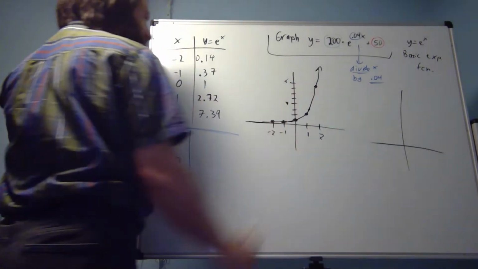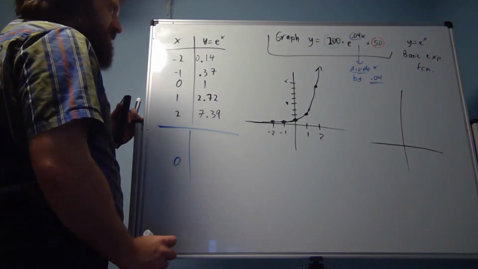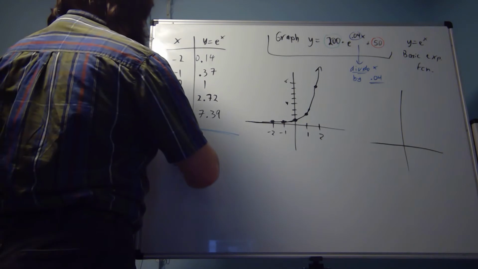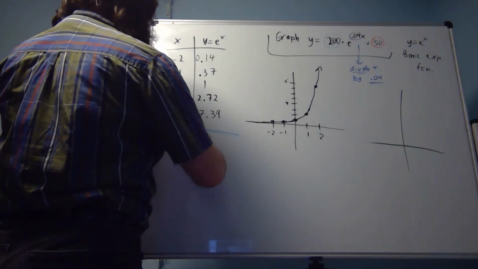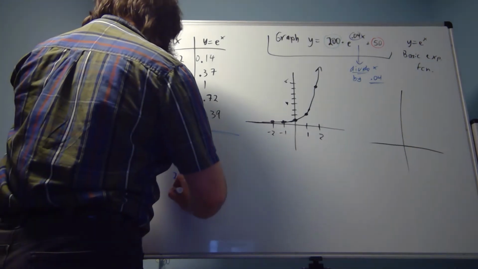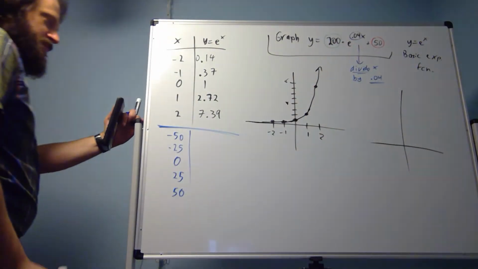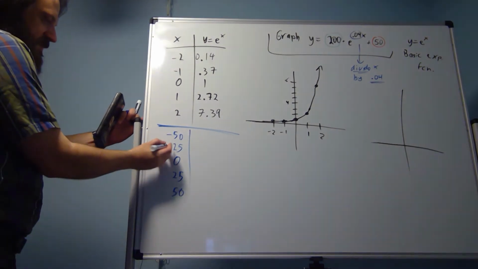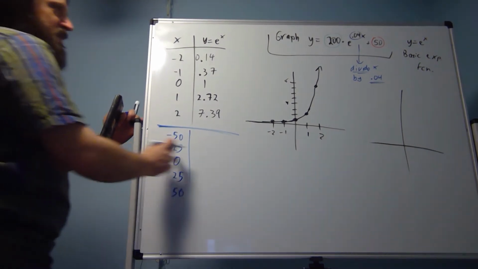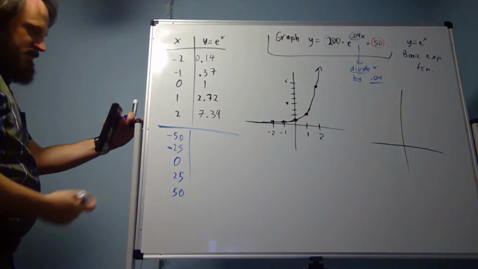For this new function here, y is equal to 200 e to the 0.04x. It's like we're multiplying the x's by 0.04, so it slows everything down.